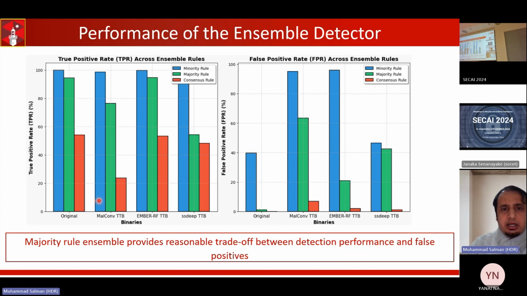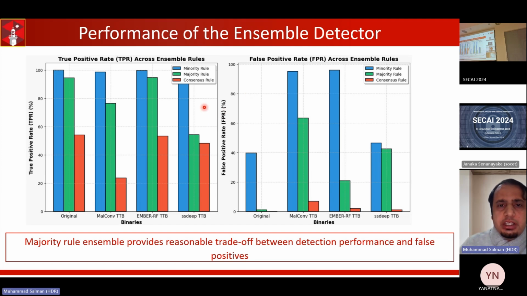Similarly, while the minority rule performs well on the Markov targeted transformed binary and the Ember targeted transformed binary with an accuracy of over 99%, this has resulted in a very high false positive rate of over 95%, which shows that the minority rule ensemble is not feasible in detecting the adversarially transformed binaries.